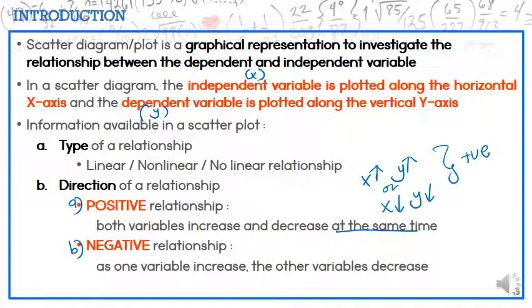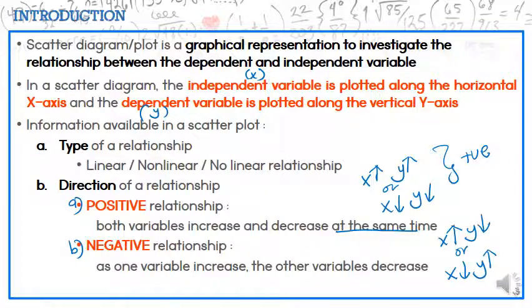On the other hand, a negative relationship is as one variable increases, the other variable will decrease, or vice versa. As x increases, y tends to decrease. Or as x decreases, y tends to increase.